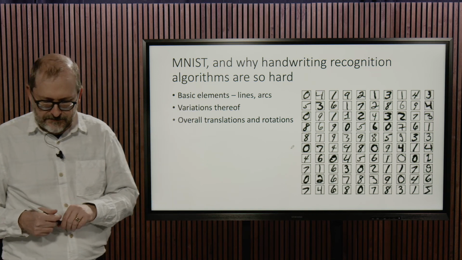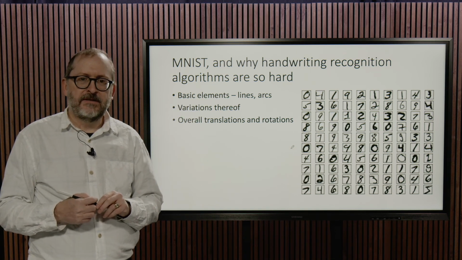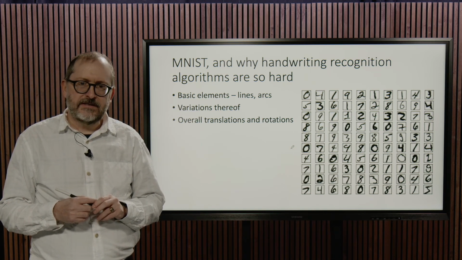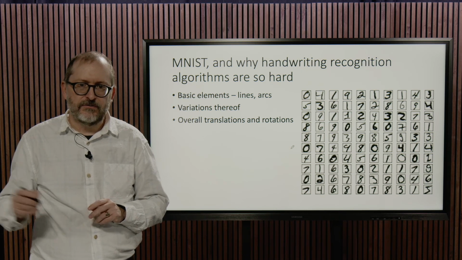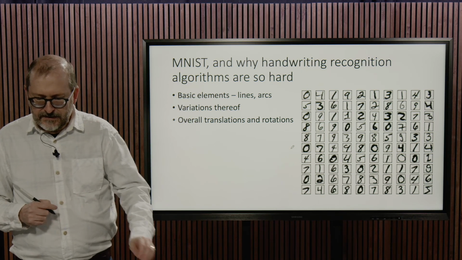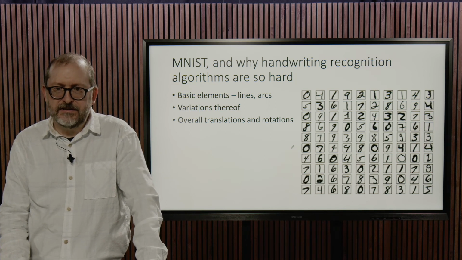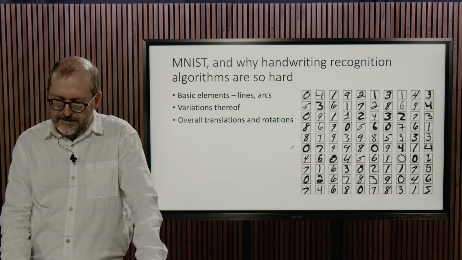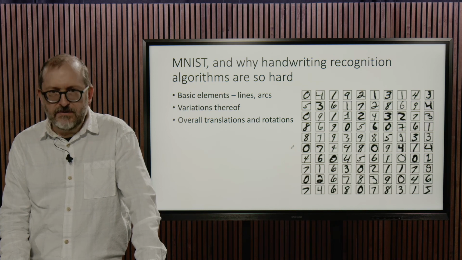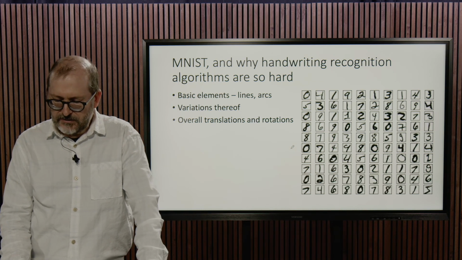So the MNIST data set was collected by having high school students and postal workers just write out a whole bunch of numbers. If you look at handwritten digits, just the ones on this slide, you can start to appreciate why it's such a hard problem.